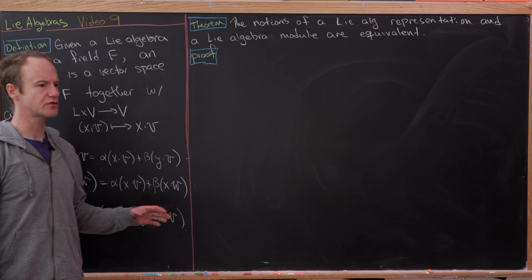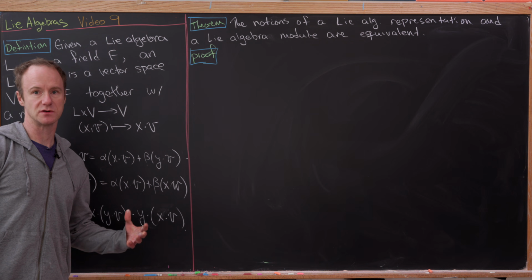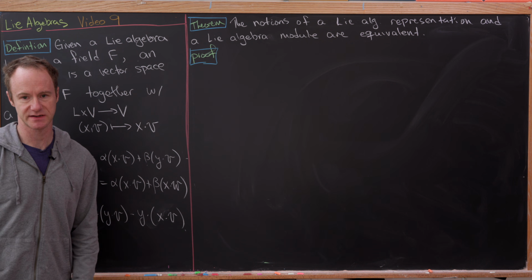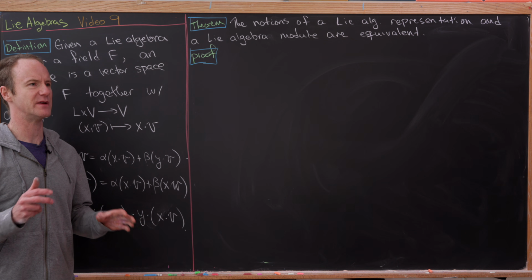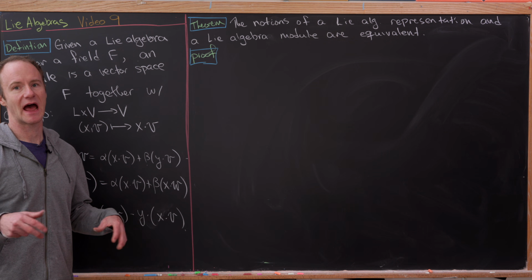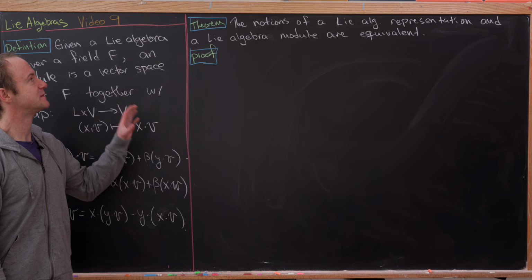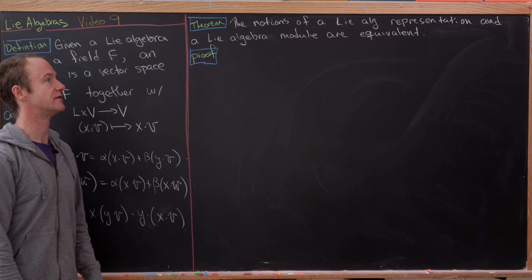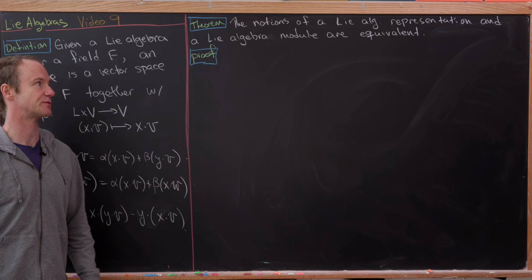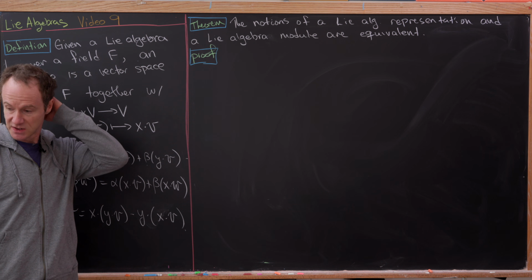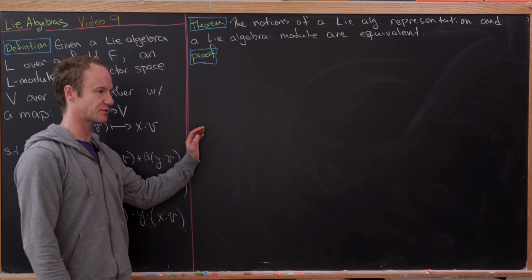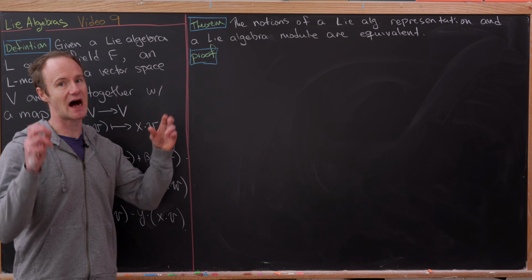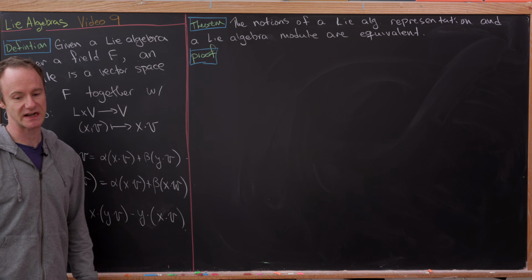Okay, so just to reiterate, a module is a way for an algebraic structure to act on a vector space without going through all of the business of defining some sort of algebra homomorphism. Okay, so here's our theorem which ties these two things together. And that is the notions of a Lie algebra representation and a Lie algebra module are equivalent. So that means if we start with the Lie algebra homomorphism, we can create a unique, kind of obvious Lie algebra module and vice versa.